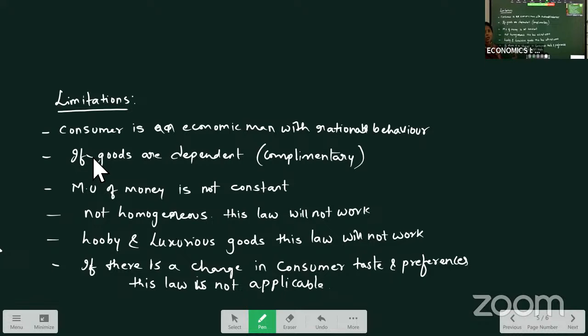In that case also, this law is not applicable, right? And in case of luxurious goods like diamonds, as we have more and more, we will get more satisfaction, not less. If there is a change in consumer taste and preferences, then this law is not applicable. Okay, so these are the limitations over here.